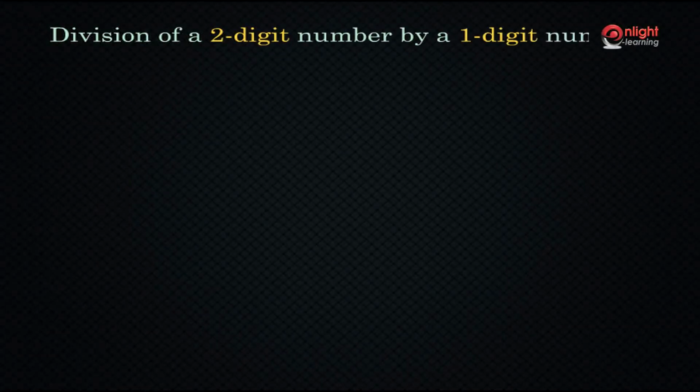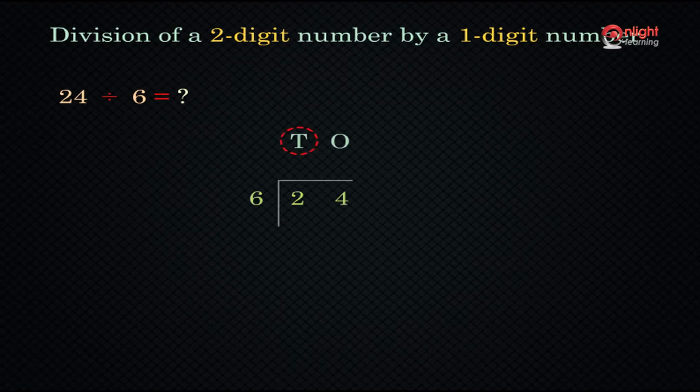Division of a 2-digit number by a 1-digit number. Divide 24 by 6. Solution. Step 1. Divide tens. But 2 is less than 6. So we take 2 tens and 4 ones. That is 24 ones. Divide 24 ones by 6.